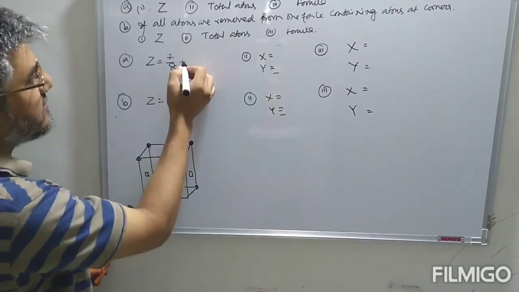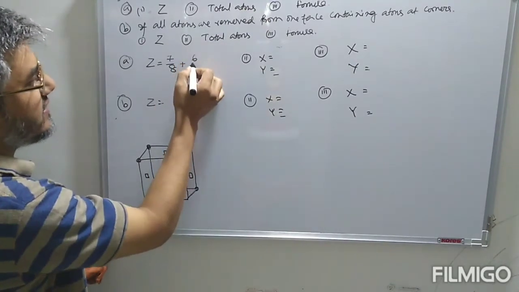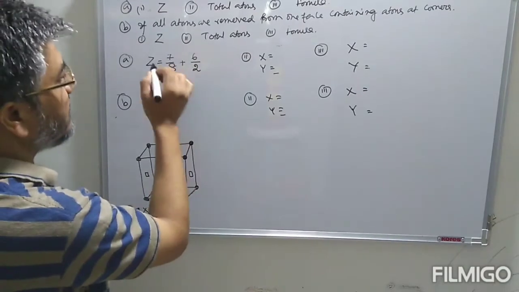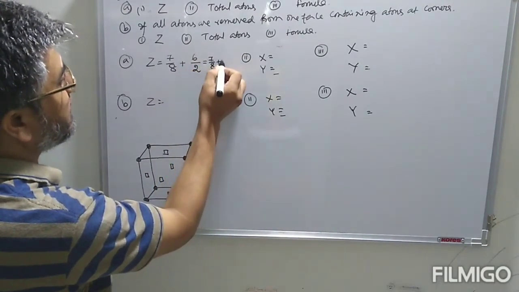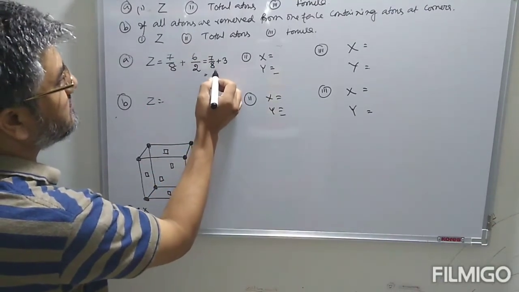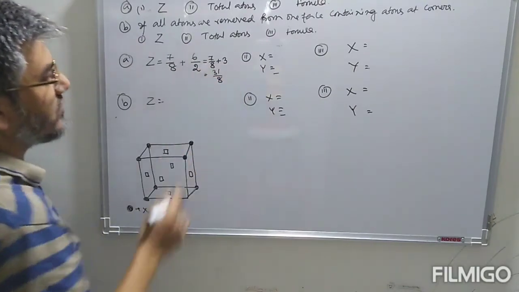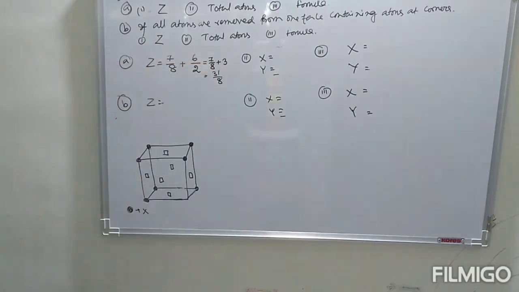We have Y occupying face centers. There are 6 faces and each face center has a contribution of half. So this is 7 by 8 plus 3, 31 by 8. That is the effective number of atoms per unit cell.